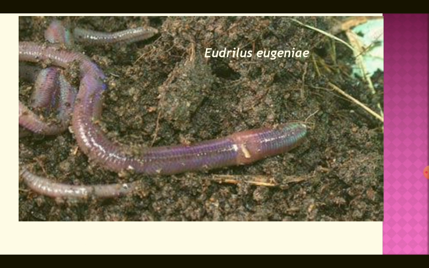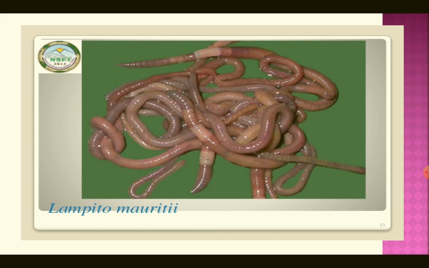If you can see, the body has a greenish to purplish tinge, and they are suitable for composting, and they are epigeic forms. They are found on the surface of the soil.